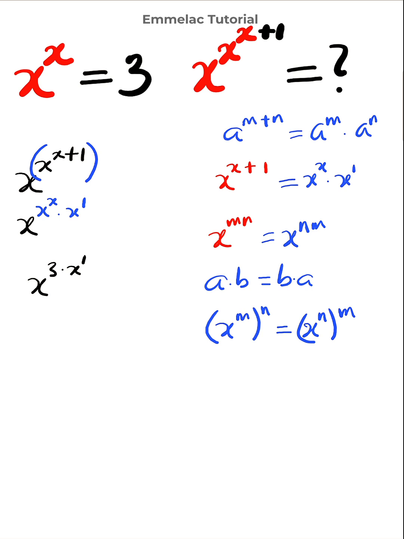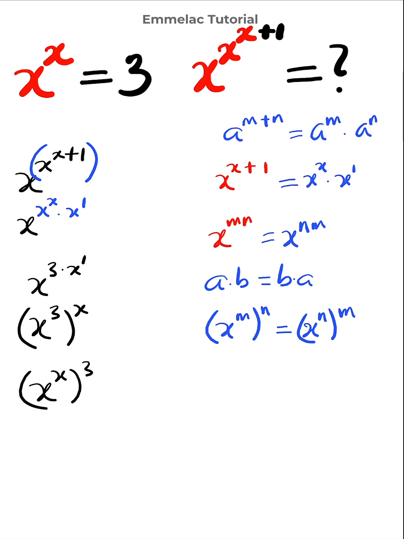So here we have, this is x raised to 3. Take note, let me just put it as this, or raised to x. Okay, so applying this rule now, we can now say this is x raised to x, then all raised to 3, and that's because 3 and x are commutative.